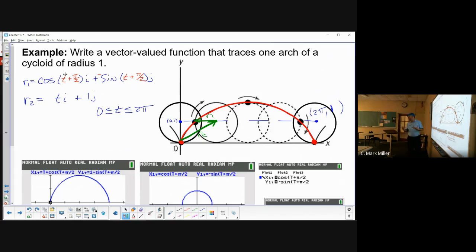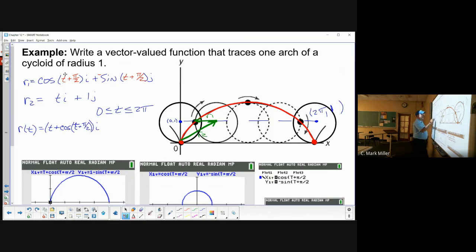And our final r, these two added together. So if I add that and that together, what do I get? My r of t. What do I do if I add the x coordinates? I'm going to have t plus cosine of t plus pi over 2, i.